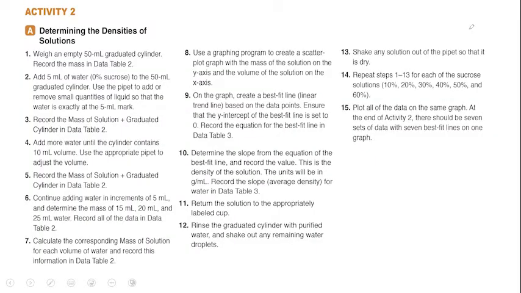All right, so this is basically the instructions. It's fairly straightforward, and I'll go through it with you. This is the first part, determining the density of the different solutions. The very first solution we're going to be using is just water all by itself.